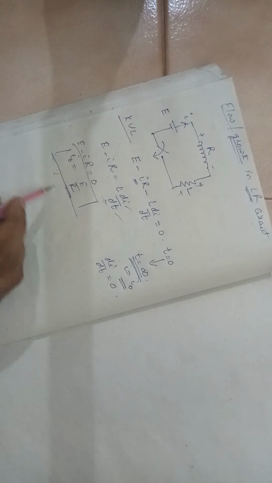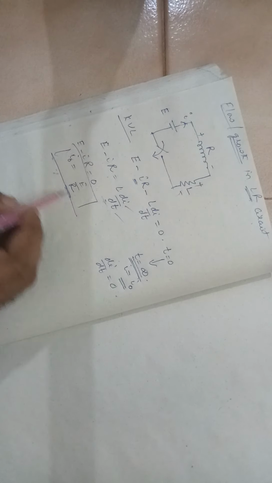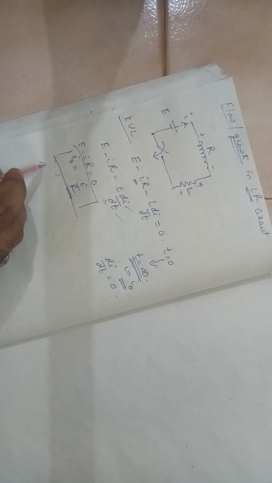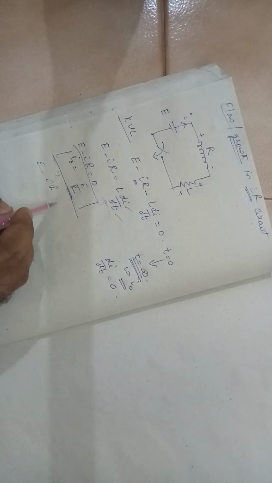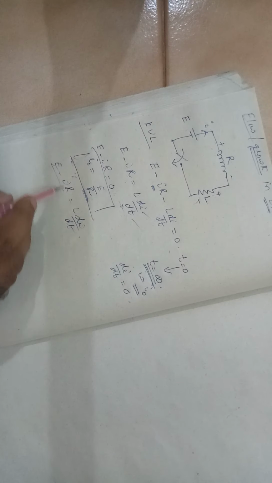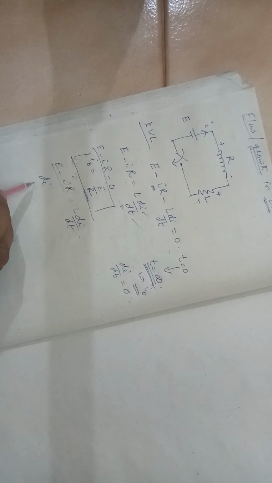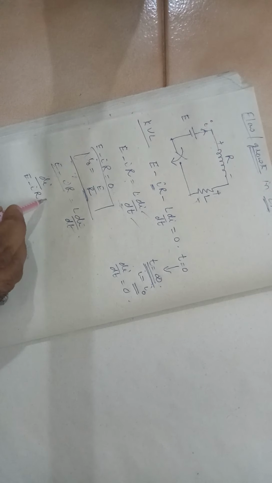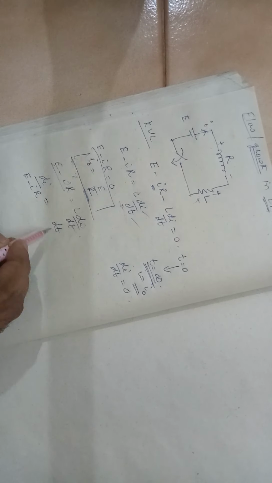So let us rearrange the equation this way: E minus IR is equal to L di by dt, or taking this term to this side, it becomes di by E minus IR is equal to dt by L.